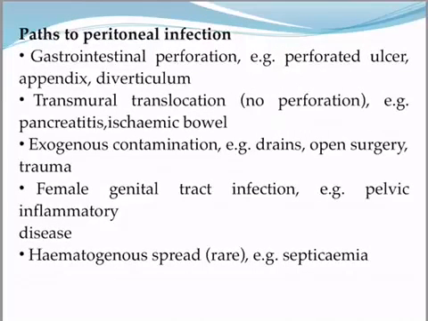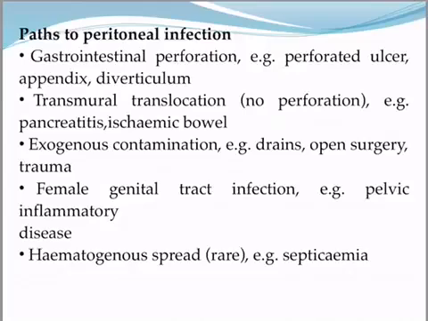How could bacteria reach the peritoneal cavity? The most common cause is frank gastrointestinal perforation. Perforation of a viscus, either a perforated ulcer, perforated appendix, perforated diverticulum, and so on. Or the other way that the bacteria can reach the peritoneum is, as we said, by transmural translocation of the bacteria.